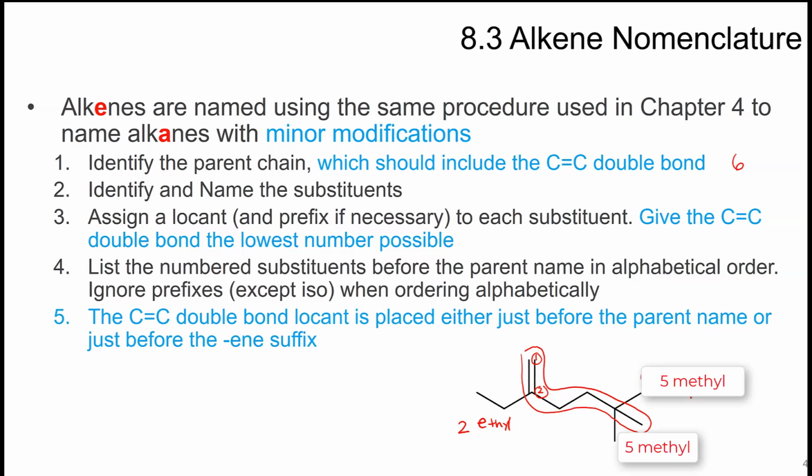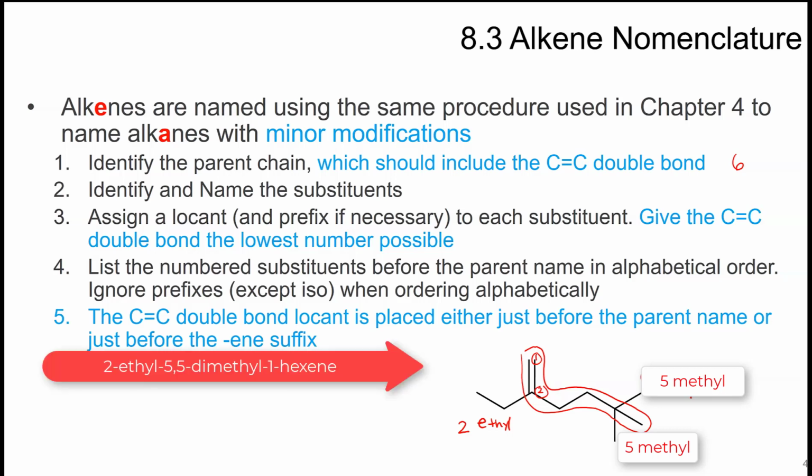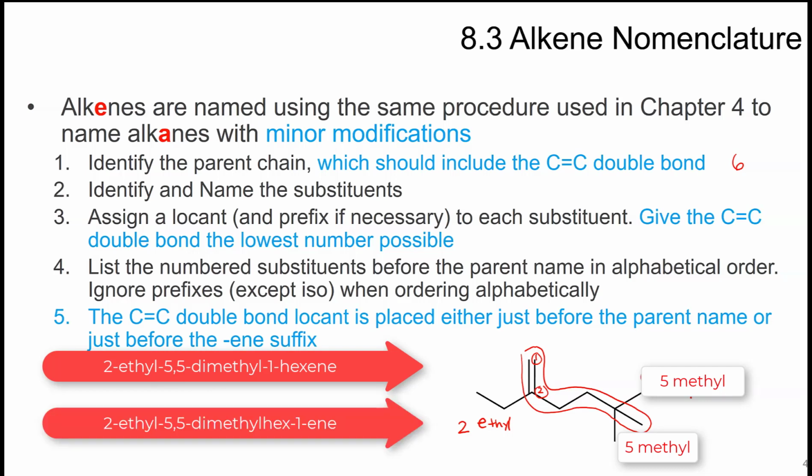Then list them as we did before in alphabetical order. And then we can place the carbon-carbon double bond just before the parent name or just before the -ene suffix. This would be 2-ethyl-5,5-dimethyl-1-hexene. Or 2-ethyl-6,6-dimethylhex-1-ene. So either of those are correct.